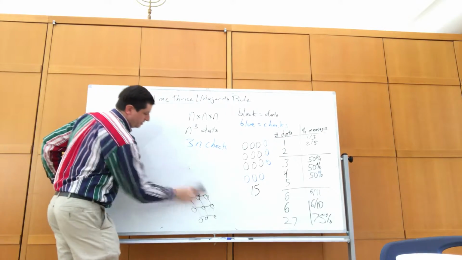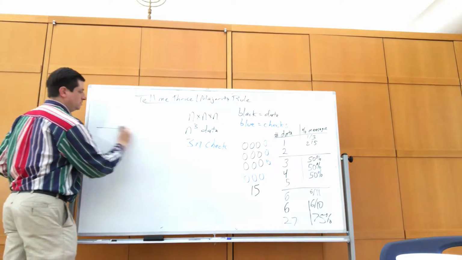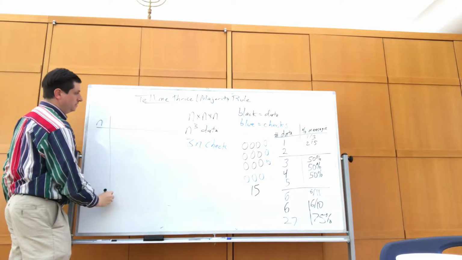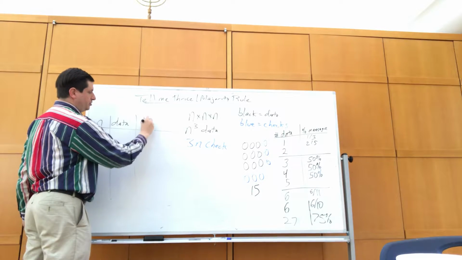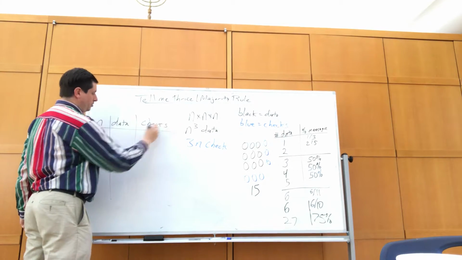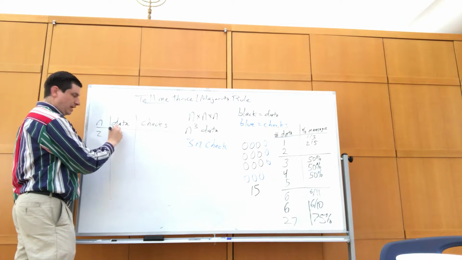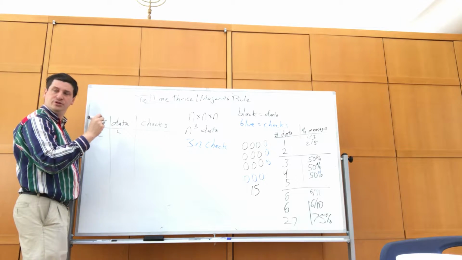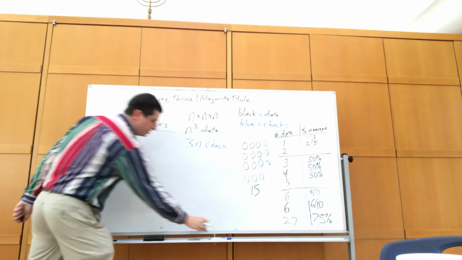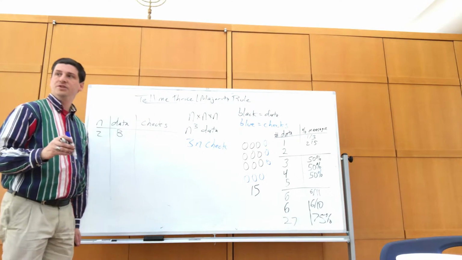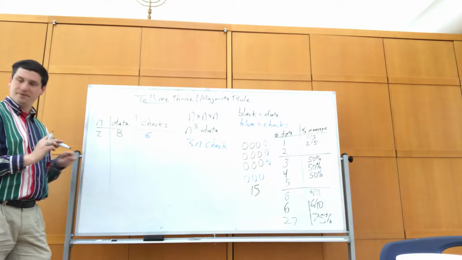So if we check, we'll make a little table. Here's n, here's data, and here's the checks. When n was 2, we had 2 by 2 by 2, so it was 8 bits of data, and the check digits was 6, which is equal to 3 times n.